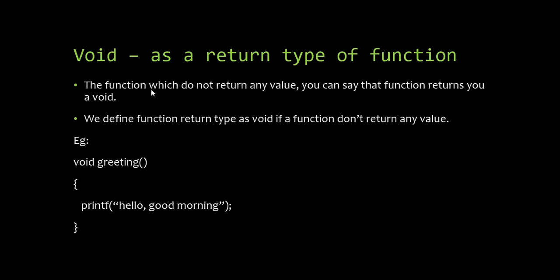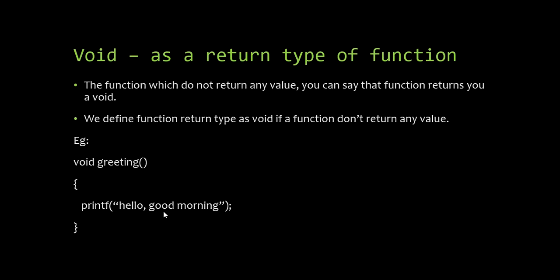If we are using void as the return type of the function, then you can say the function does not return any value, or we can say the function returns void. We define the function return type as void if the function doesn't return any value. For example, if we have a function called greeting, then when it is called, it will simply print hello good morning, and it will not give you any value.